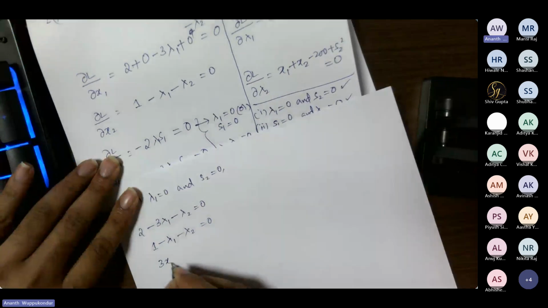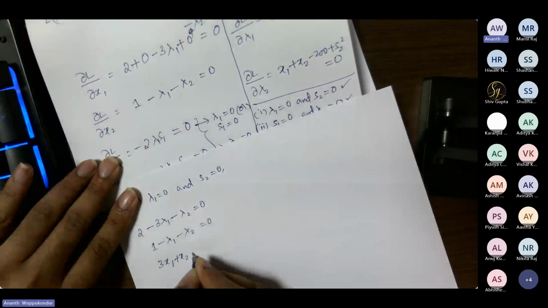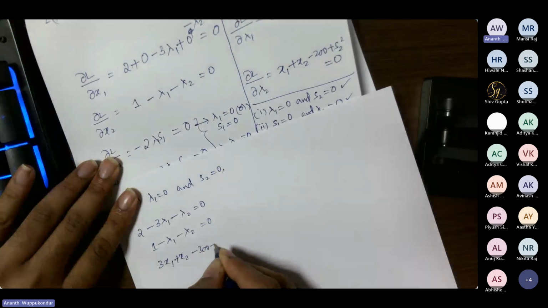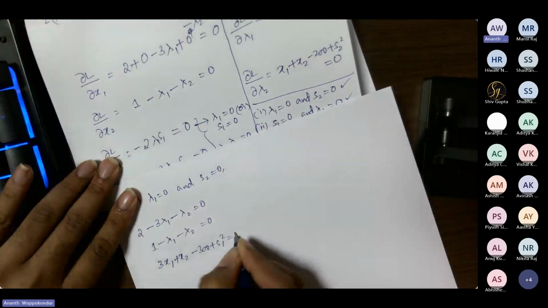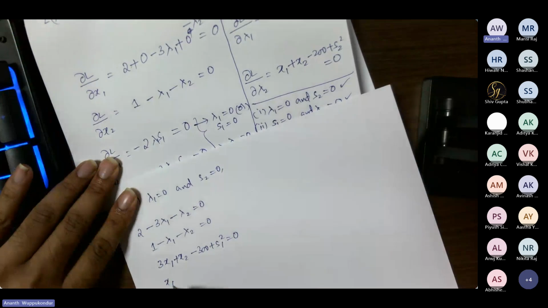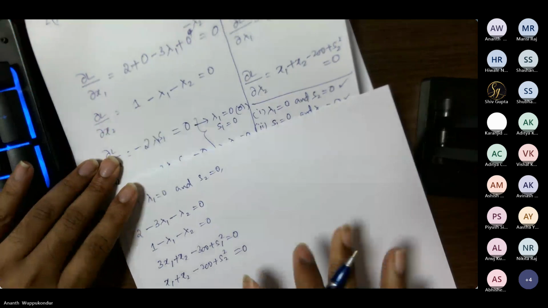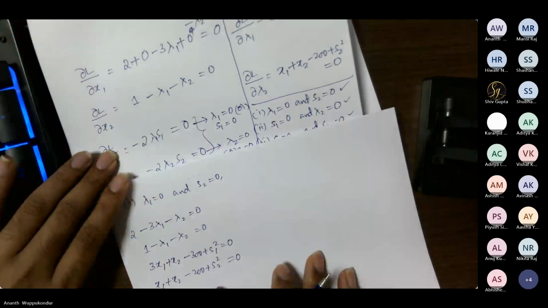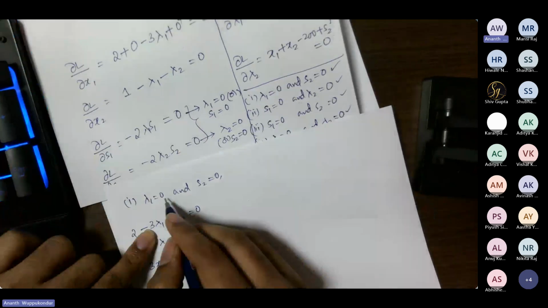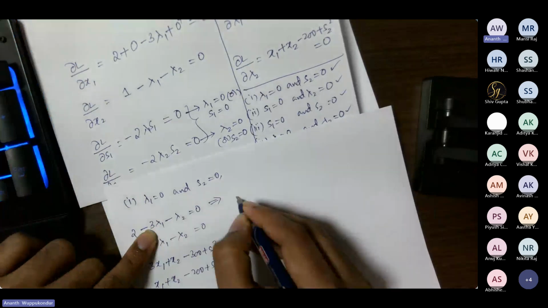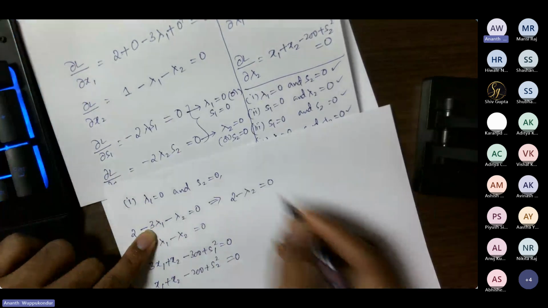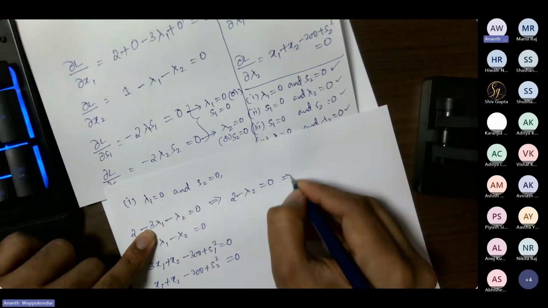And then we have 3x1 plus x2 minus 300 plus s1 square equals 0, and x1 plus x2 minus 200 plus s2 square equals 0. So when I say lambda 1 equals 0, this becomes 2 minus lambda 2 equals 0, meaning my lambda 2 equals 2.